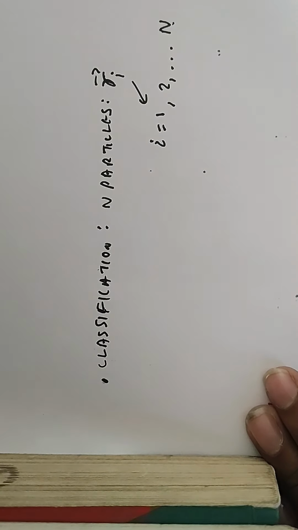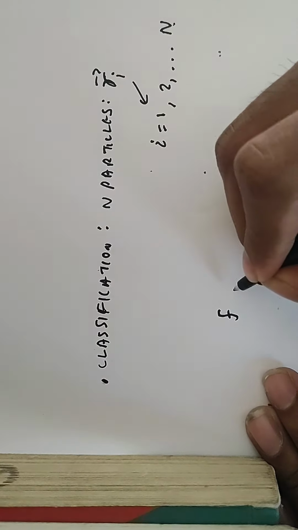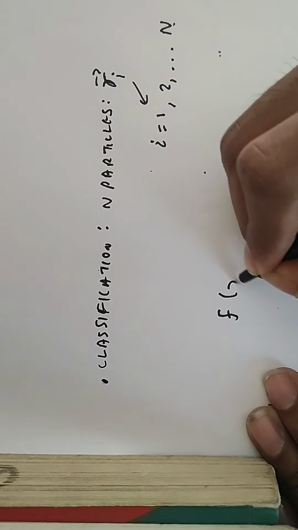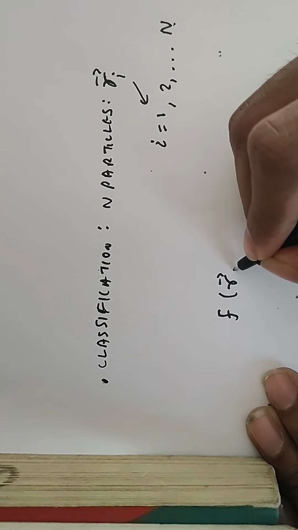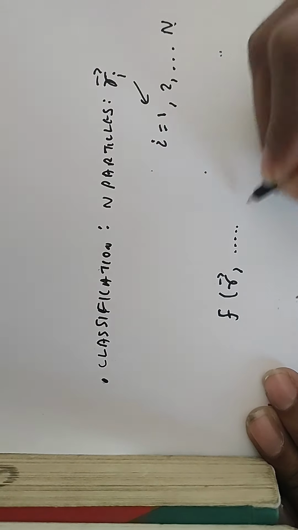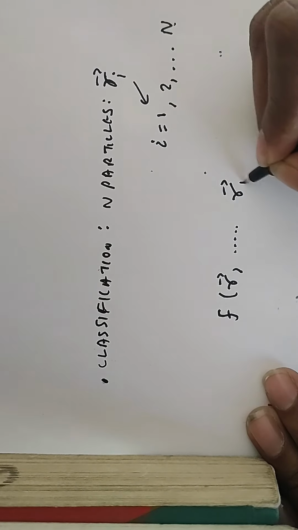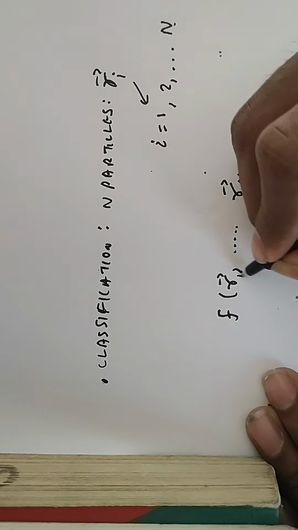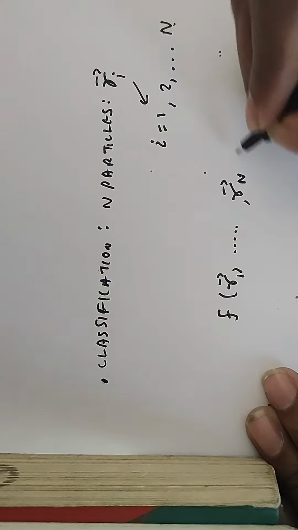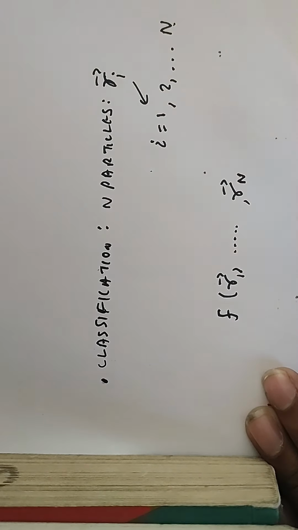So say I have a function f which depends upon the vectors r_1 to r_n, like we have just used.